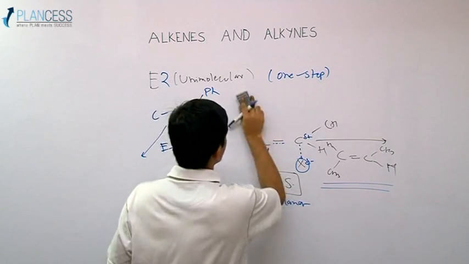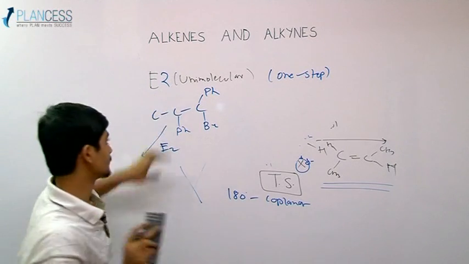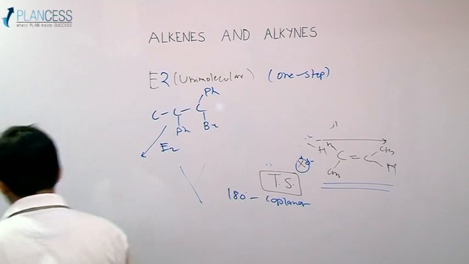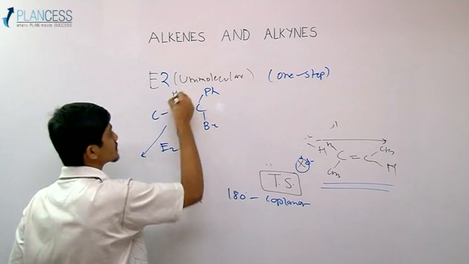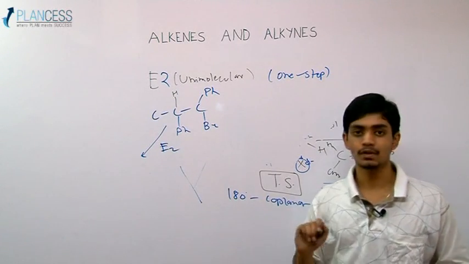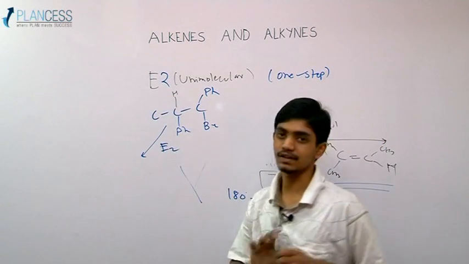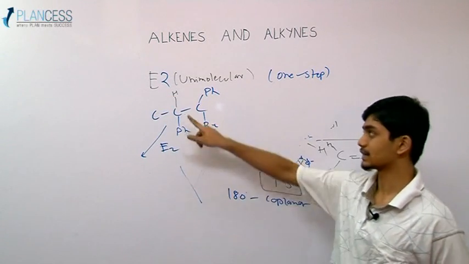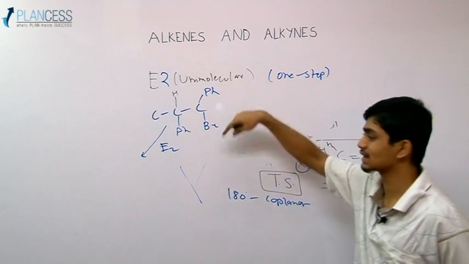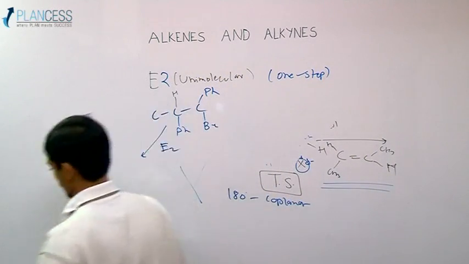For this we need to make sure that the hydrogen which is available over here, as you can see there is exactly one hydrogen available for the E2 reaction, that is, the base abstracts the hydrogen and you will get a double bond. Fine, but we need to ensure that this is anti to this in the structure, and only then will the base abstract the hydrogen from there.